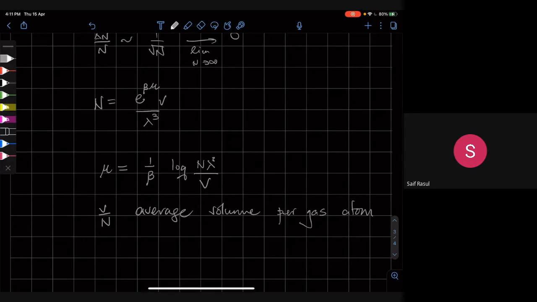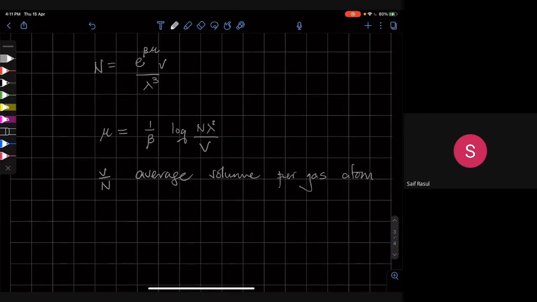So that means that for quantum effects to be suppressed, we need to have v over n to be much, much larger than lambda cubed. Lambda is the wavelength, the de Broglie wavelength, associated to the average particle with the average energy. So this is the classical regime, right?